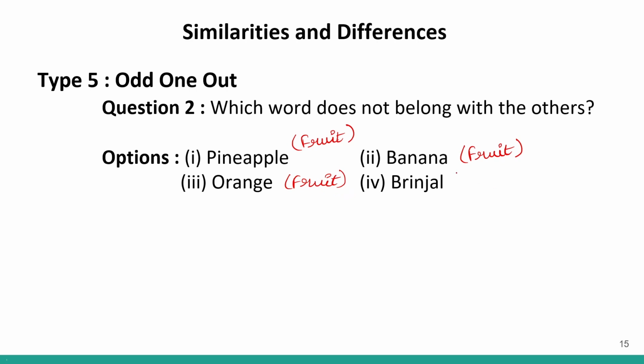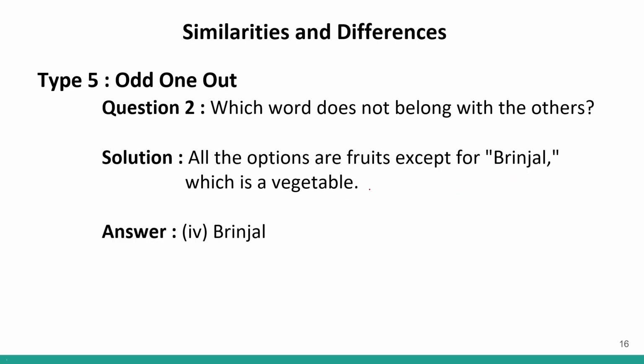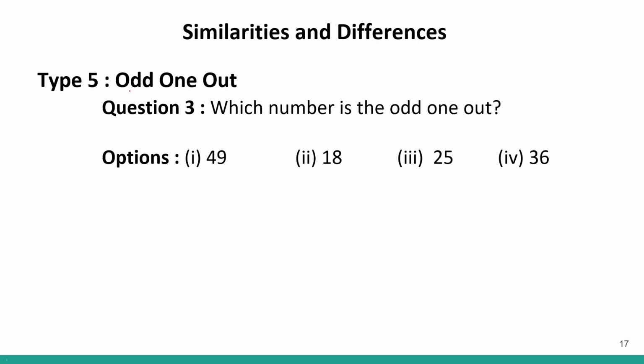Only brinjal is a vegetable. So our answer will be option number 4, brinjal. Okay. So in odd one out, you basically have to find the pattern, and based on that pattern, we have to find out which of these does not follow in the same group.